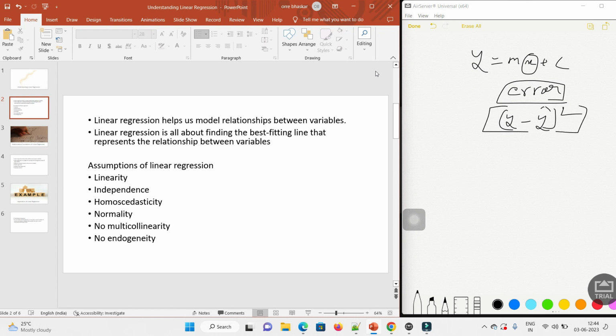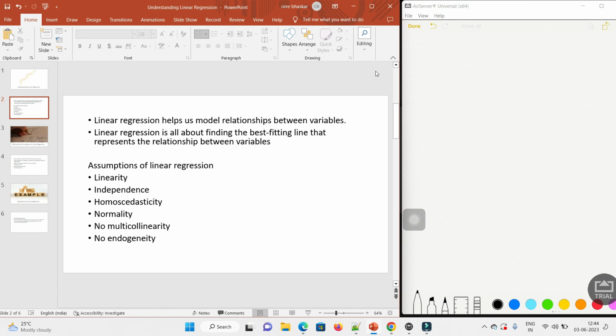So between the error term and x, there should be no relationship. It is essential to check these assumptions before interpreting the results of a linear regression model. Violation of these assumptions may require additional steps such as data transformation, variable selection, or selecting alternate models.